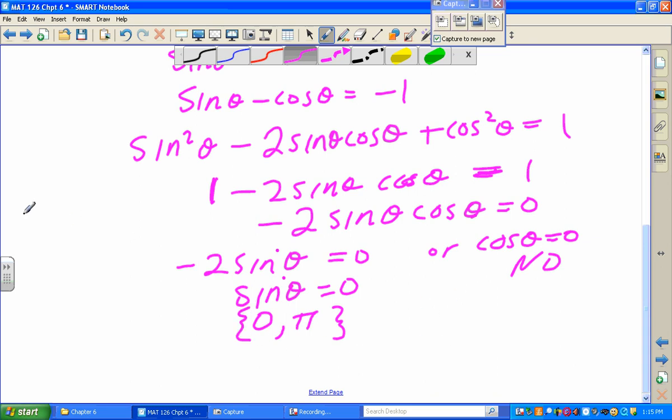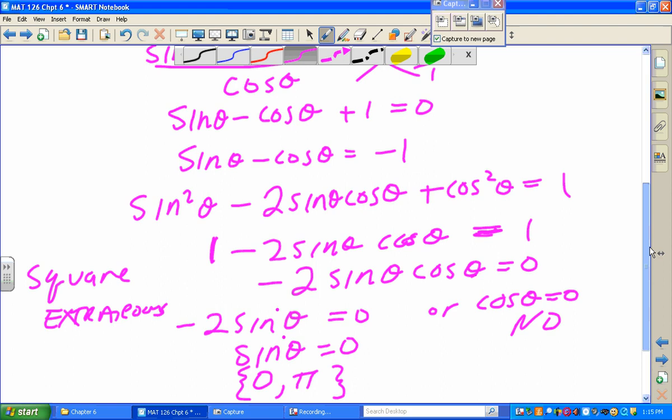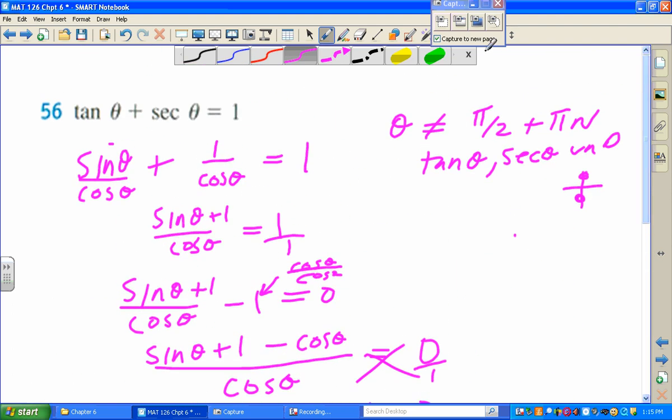Anytime you square both sides, you have to check your answer for extraneous solutions. Yeah, he wrote 0. Let's go and find out. The 0 had a bracket on it, the 2 pi had a parenthesis on it. So what's the tangent of 0?